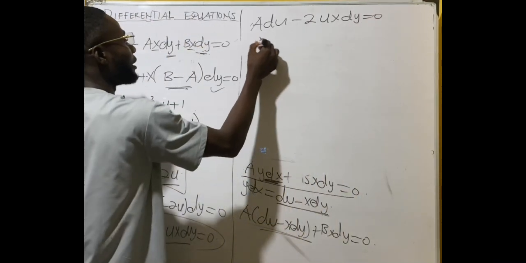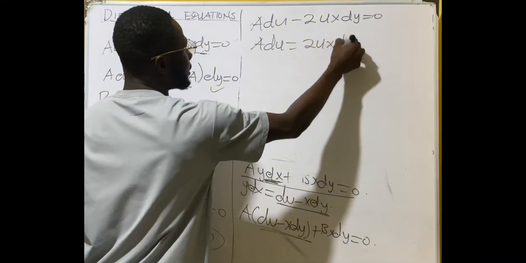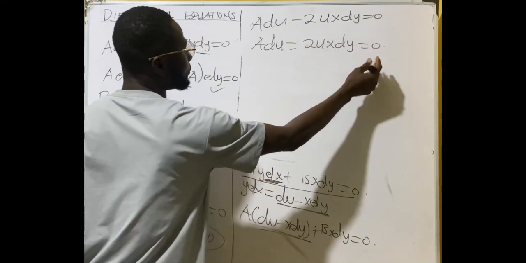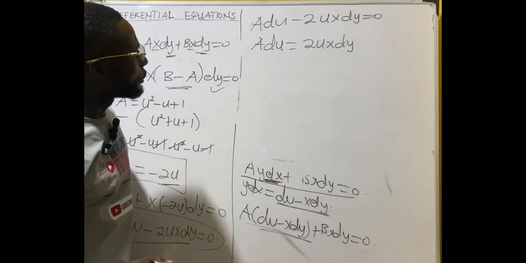So we can say that a du is equal to 2ux dy. We have equated them. So what can we do?